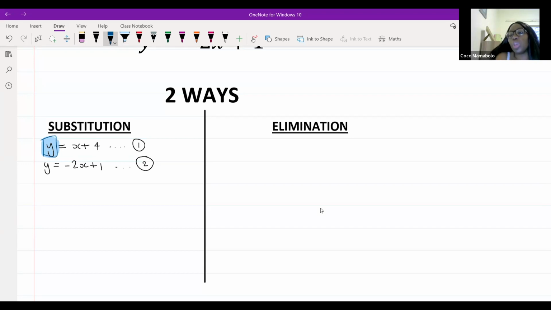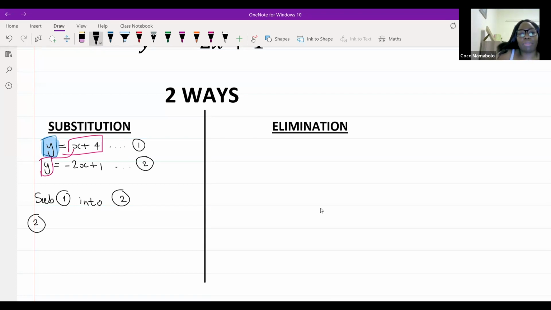So that's what we're going to use. Here's what I'm going to do. We're going to substitute equation 1 into equation 2. What this means is I'm going to take equation 2, and wherever I see a y, I'm going to replace it with x plus 4. That's what that means.